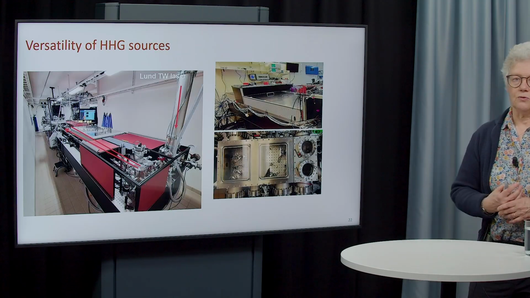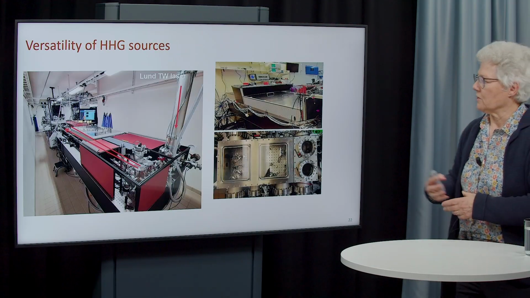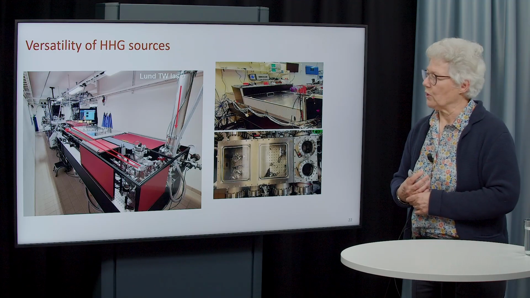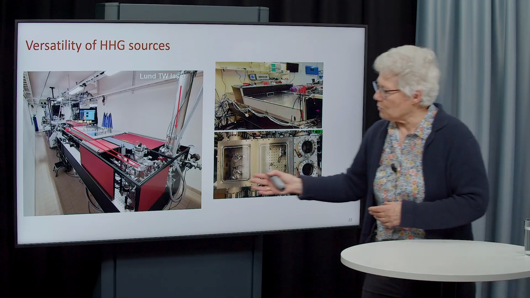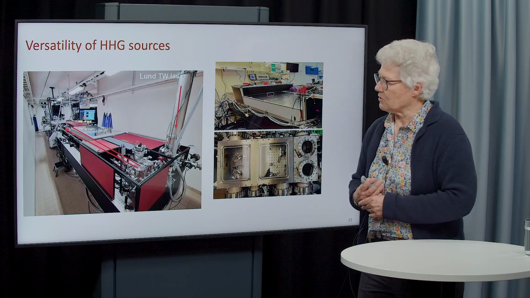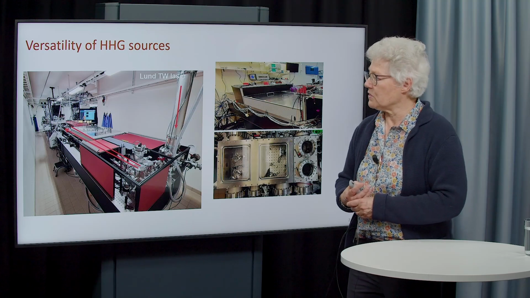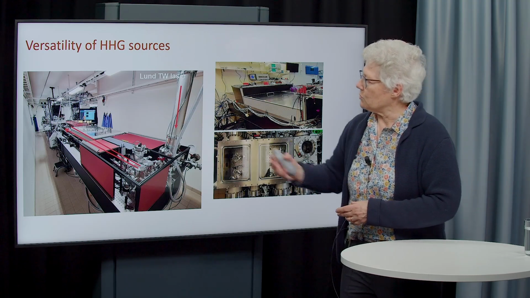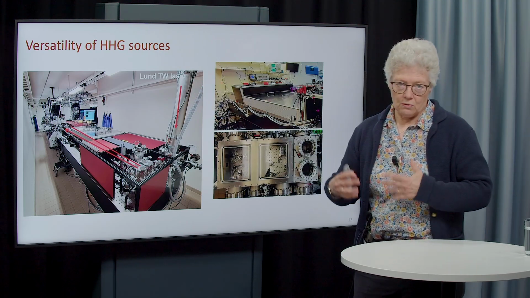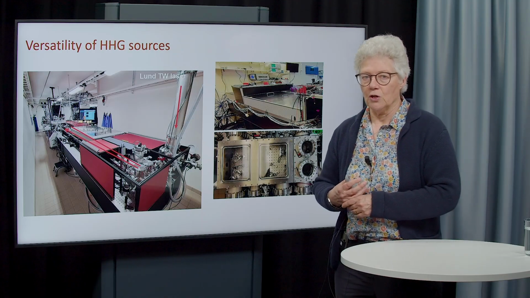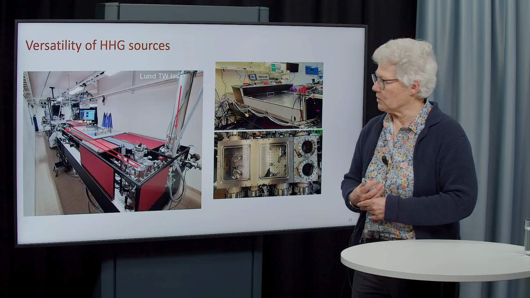And just to illustrate what I just said, I present here pictures of experimental setups that we have in Lund. We have a long harmonic generation setup with a footprint of about 15 meters, where we use an intense laser with a lot of energy per pulse to generate high-order harmonics using a long focusing geometry.